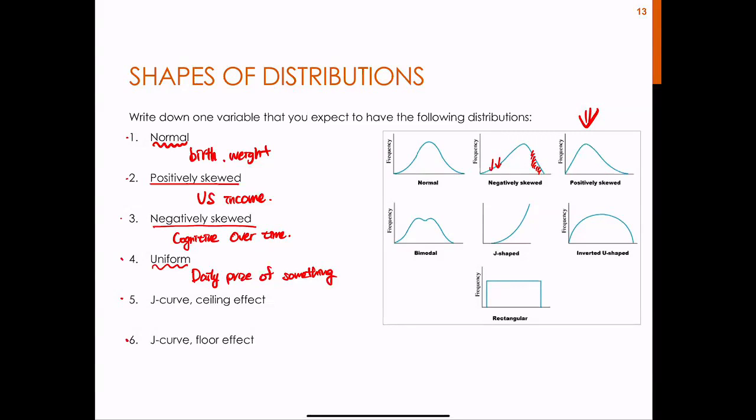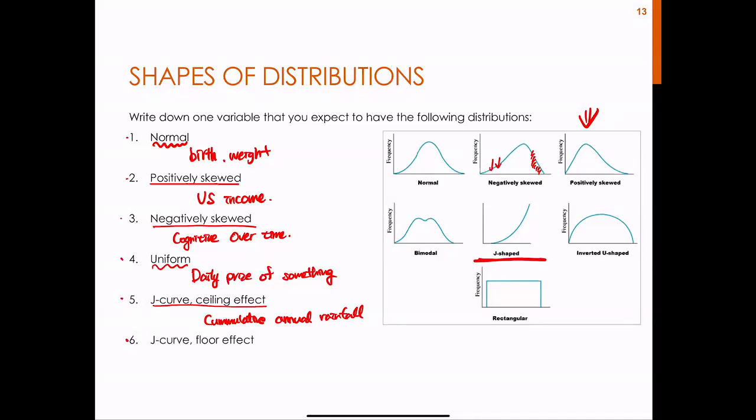And how about the J-curve with a ceiling effect? Usually most cumulative things are J-shaped with ceiling effect. So cumulative annual rainfall has a J-shaped distribution. And what about the J-curve with a floor effect?